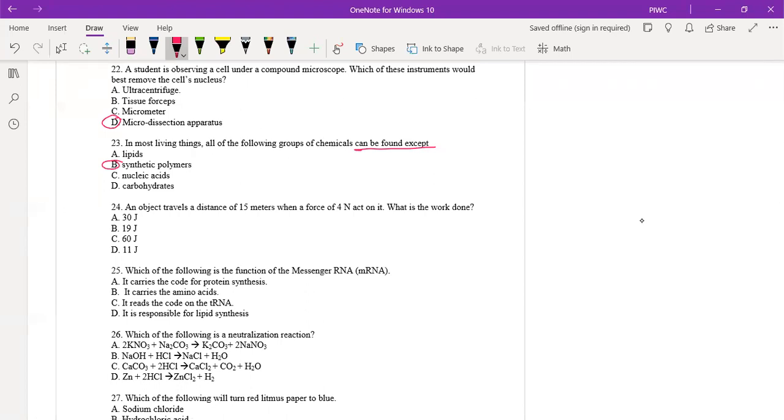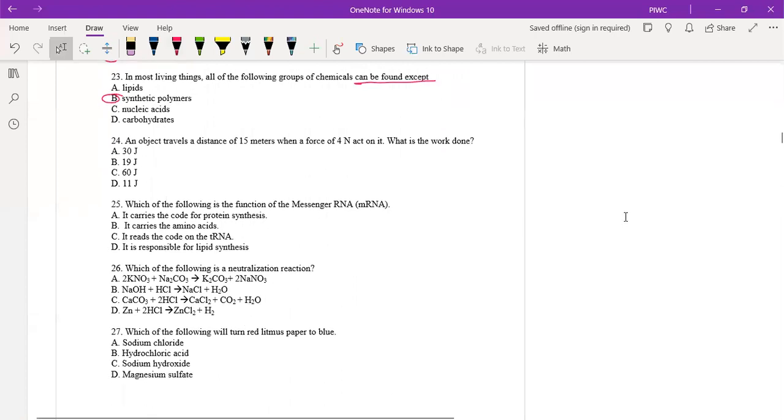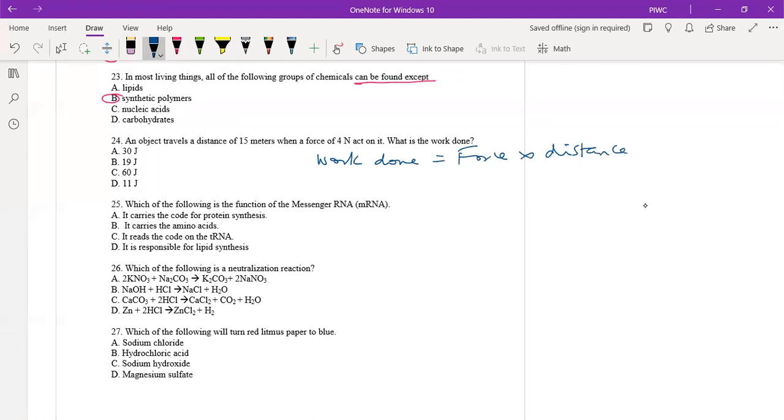All right, 24. An object travels a distance of 50 meters when a force of 4 newtons acts on it. What is the work done? Remember, we said work done is equal to the force times the distance through which the force moves. Force times distance.